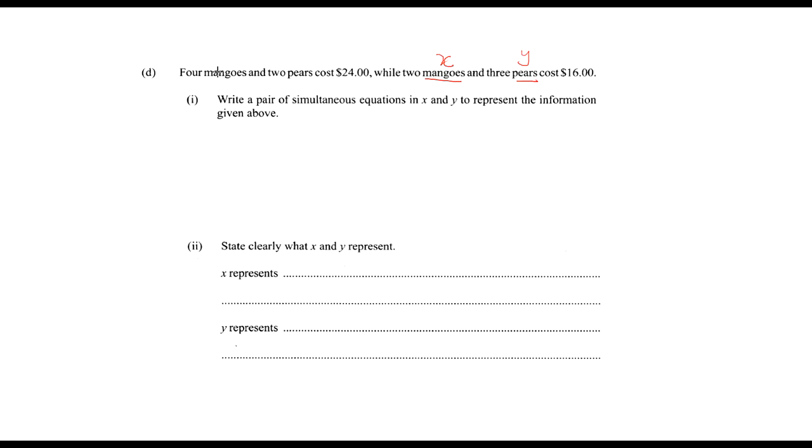So if we have 4 mangoes and 2 pears cost $24, it'll be 4x plus 2y equal to 24. And 2 mangoes and 3 pears, so 2x plus 3y is equal to 16. So this is my pair of simultaneous equations.